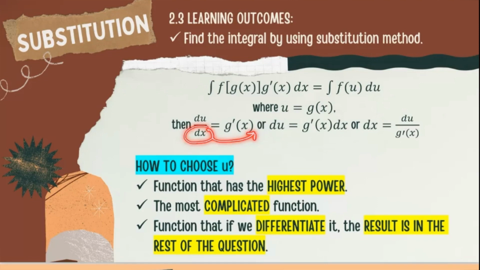Okay, so dapatlah g prime x dx. Ataupun instead of kita tulis du equals to g prime x dx, boleh juga kalau kita jadikan dx sebagai subjek. So kalau dekat sini, kita tukar g prime bawa sebagai denominator and dx will be our subject. Okay, so kita boleh tulis either this form ataupun this form lah.